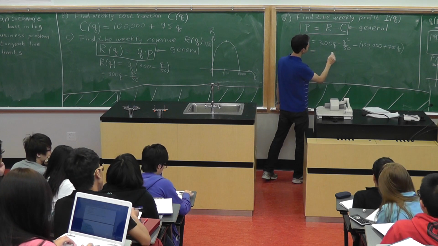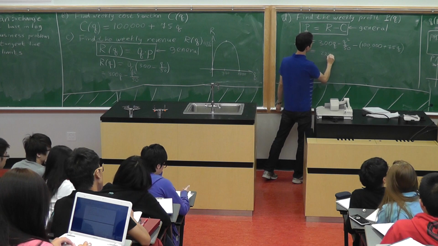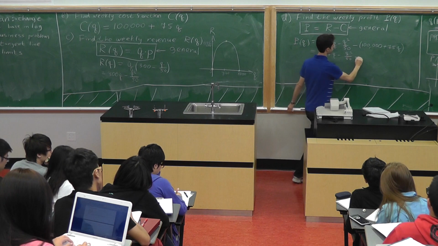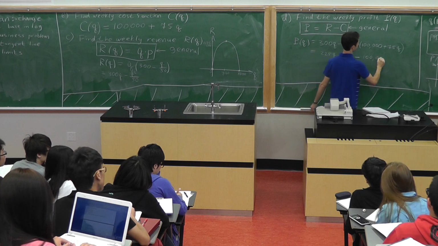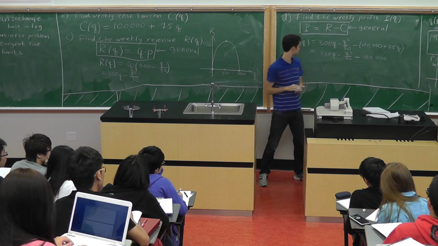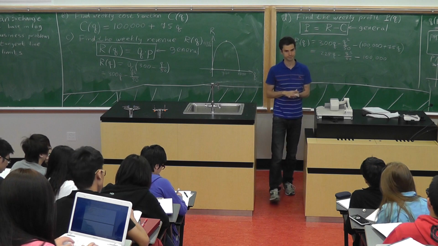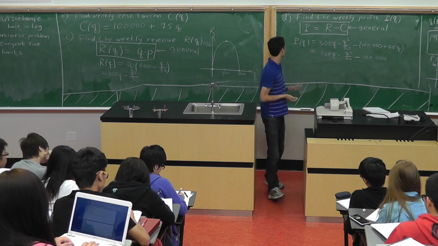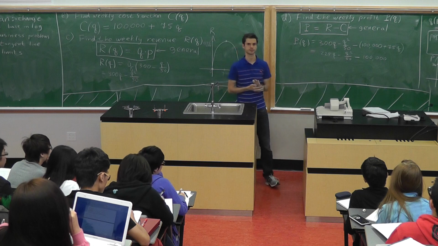So it is 225Q minus Q squared over 50 minus 100,000. Okay, now we know what the profit is.